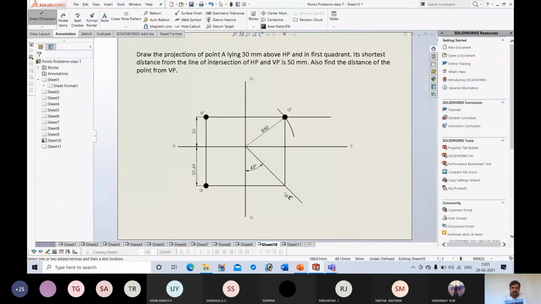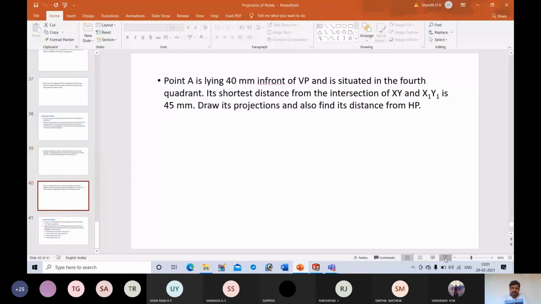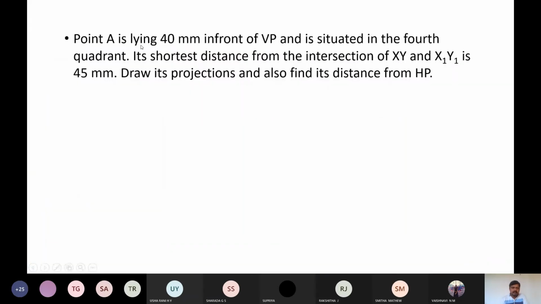Next, the last problem of today's class. Point A is lying 40 mm in front of VP and is situated in the fourth quadrant. Its shortest distance from the intersection of XY and X1Y1 is 45 mm. Draw its projections and also find its distance from HP.